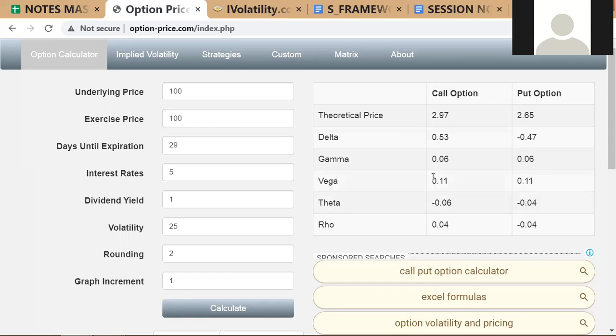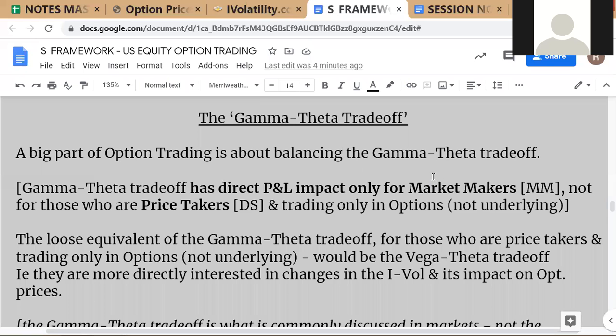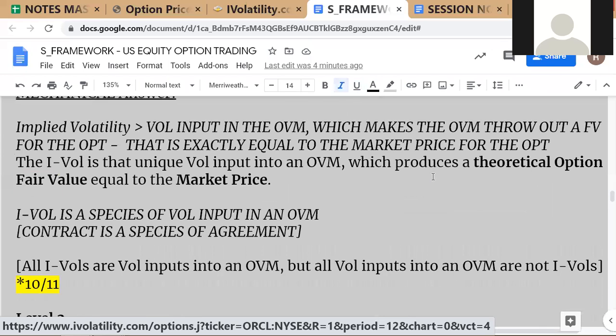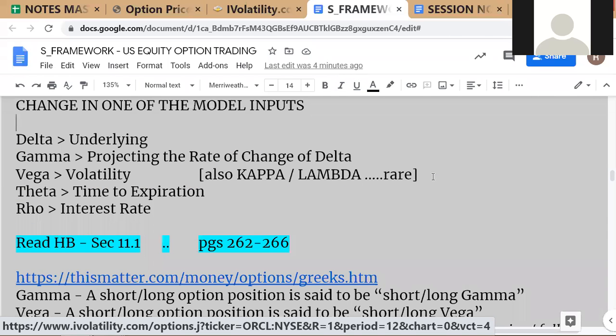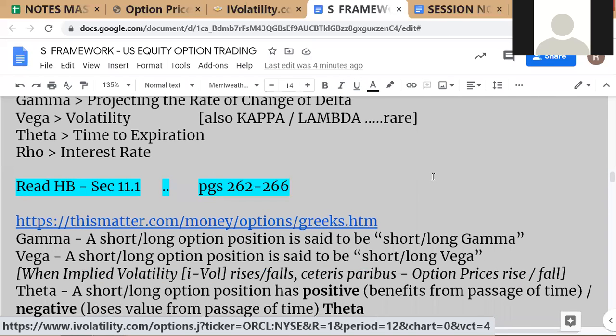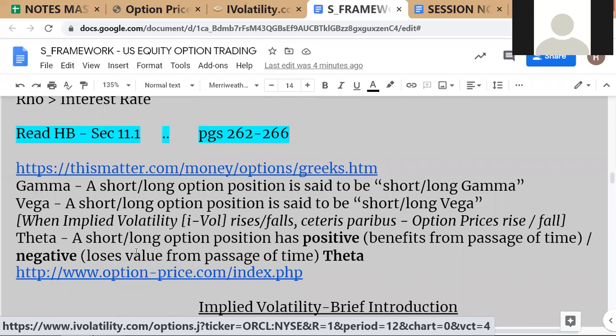This we have discussed before in our notes, right? Yeah, here we have talked about it. A short option position has positive theta. That means it benefits from the passage of time.